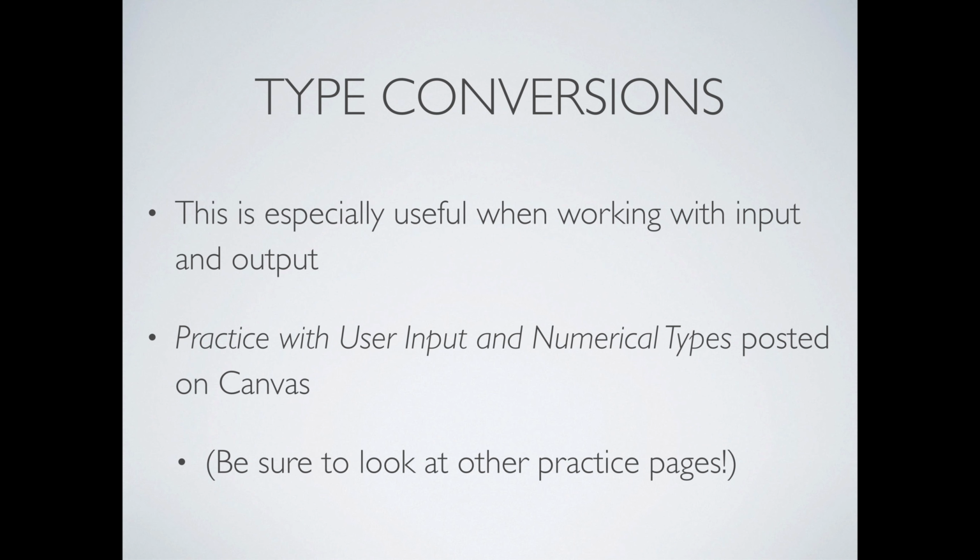Alright, so even if the input prompt asks something like, how old are you, and you type in a number, it is always going to be stored as a string. That's just how input works. That's the rule with input. It always reads it in as a string, right? So in order to do actual math calculations, say with the age that you type in, before you can do any math with it, you have to change it from string to a numerical type.